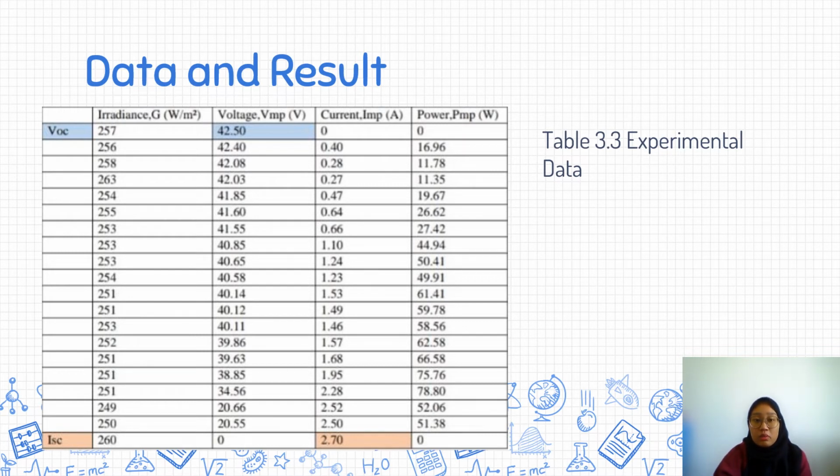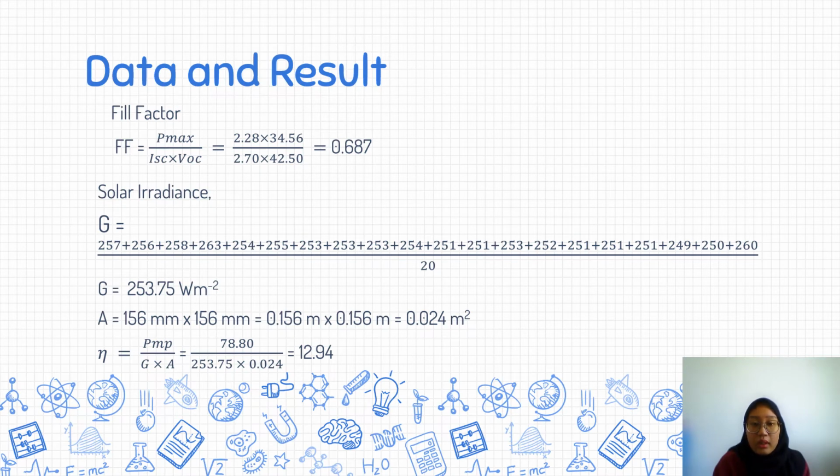From this table, we are also able to gain the VOC, which is 42.50 volt and the ISC value, which is 2.70 ampere. In order to obtain the fill factor value, we use the formula P max over ISC multiplied by VOC.